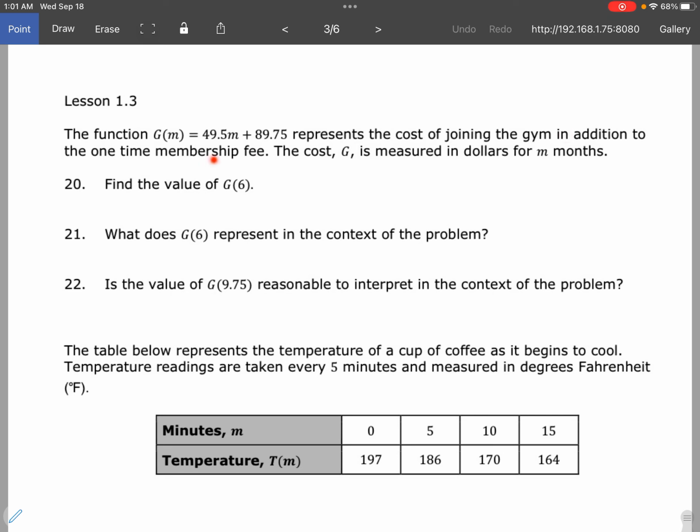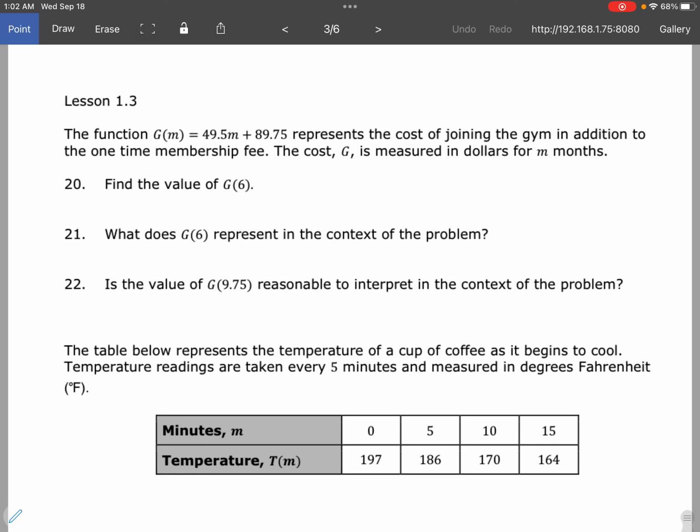So this one-time membership fee is this guy right here. How do we know? It's not attached to m. M represents your months. Clearly, this gym membership is $49.50 a month with an initial sign-up fee of $89.75, okay?